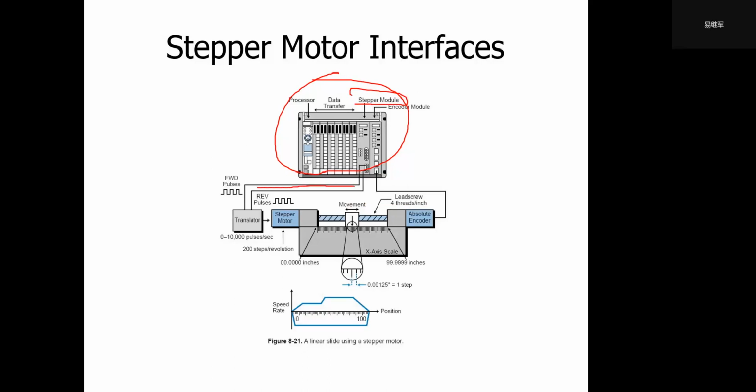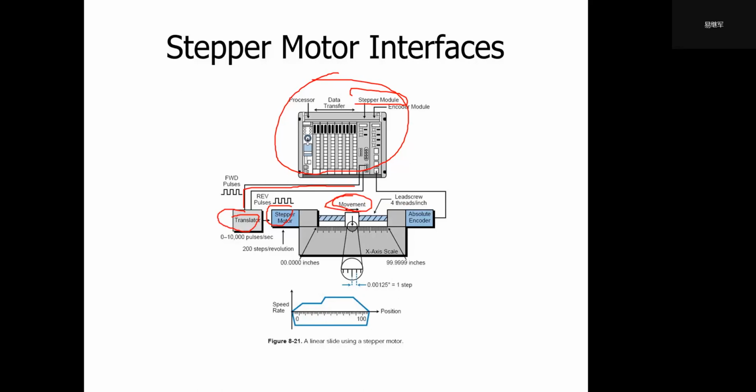The pulse is sent to the translator. The translator gives the pulse to the stepper motor. The stepper motor runs, driving the lead screw, and drives the table to move.